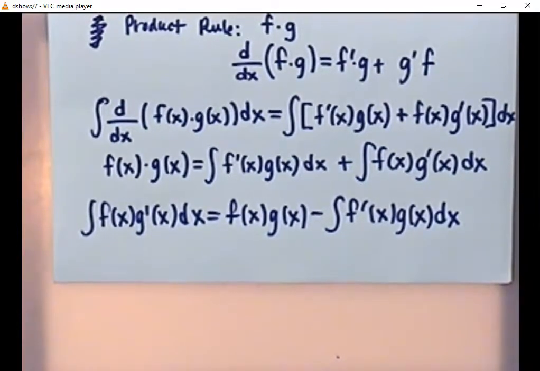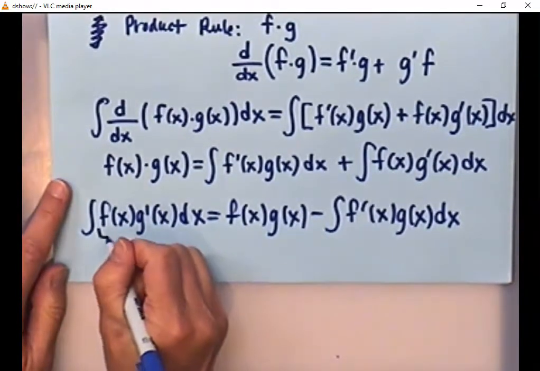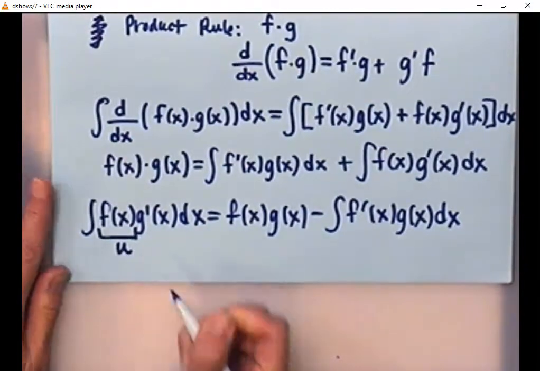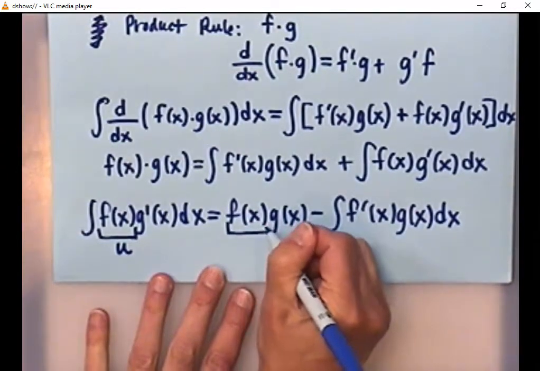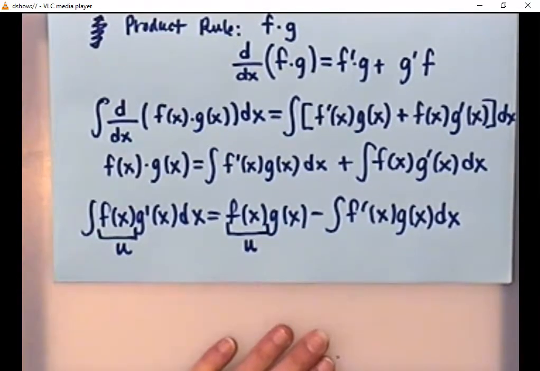Okay, so here's what we're going to do now. I'm going to label them as parts called u's and v's. And that's the notation they use in integration by parts. So what we're going to do is call out f of x a function u. Everywhere there's an f of x, that's going to be called u. So here's another one, so that's also u.